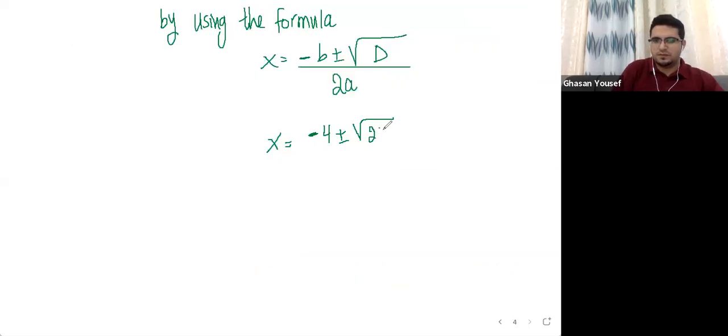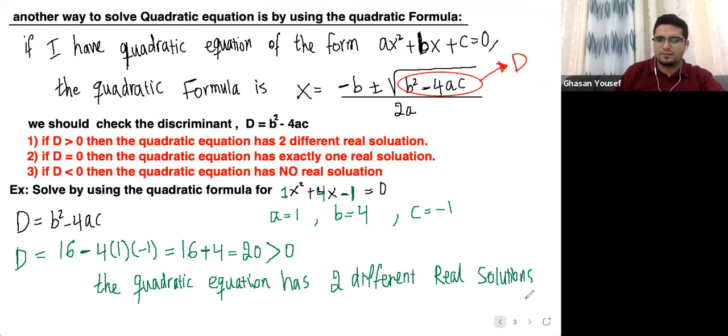So 20 here over 2a. What is the 2a? What's the answer for 2a? 2 times what? 2 times 1. So 2 times 1 is 2.